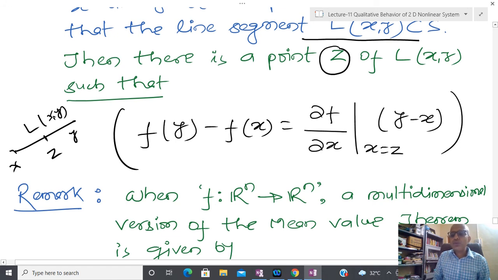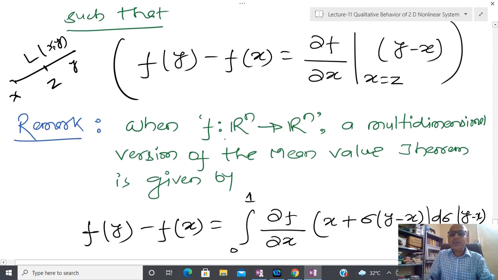Now I am going to write the multi-dimensional version of this. What is the multi-dimensional version? You can see here I have changed the mapping from R^n to R^n, and this is called the multi-dimensional version of the mean value theorem.